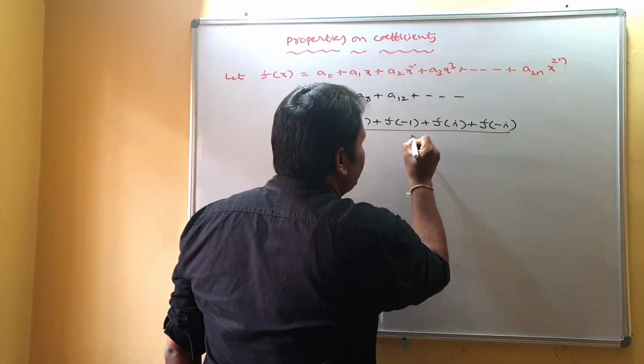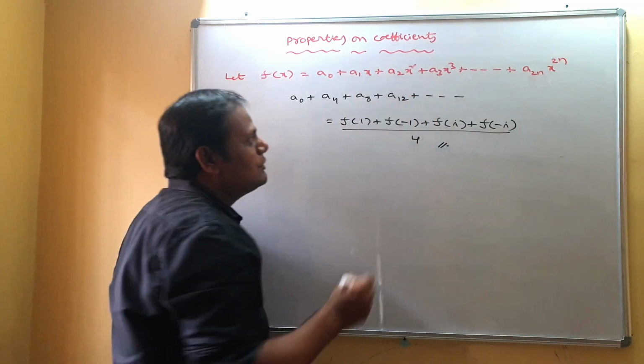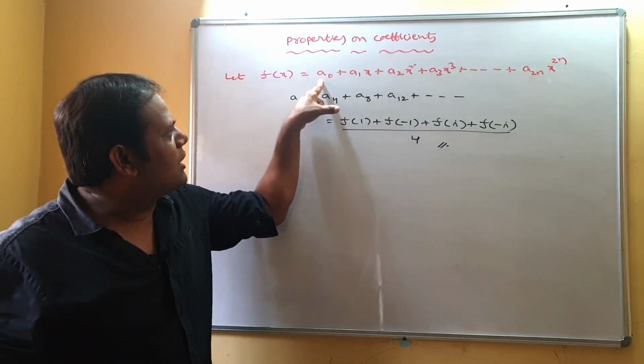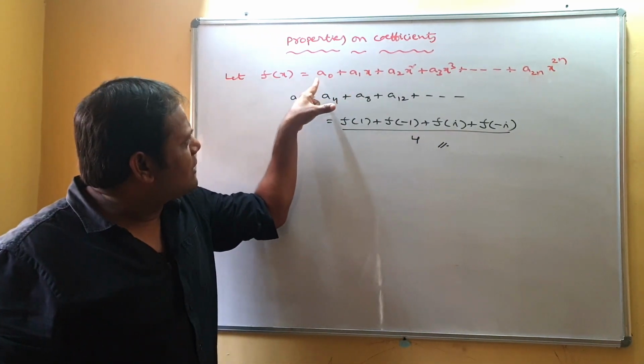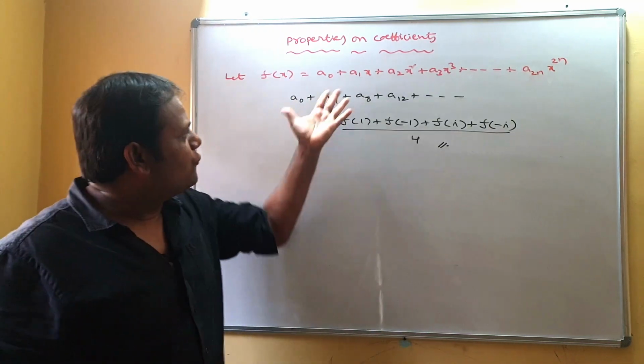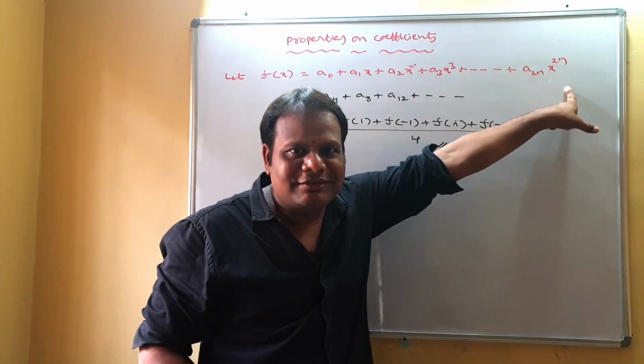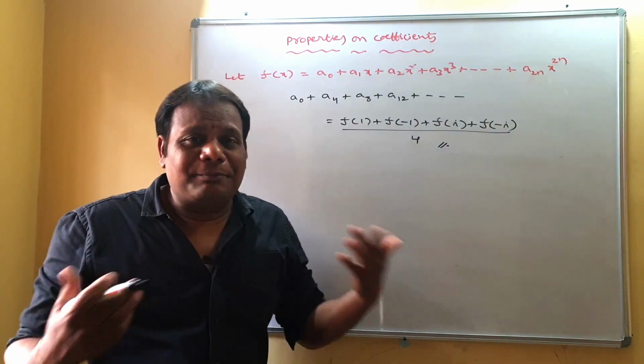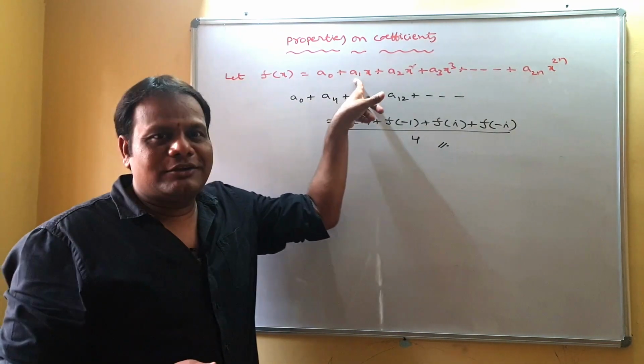We get by 4. Sometimes they can ask you, in the expansion, what is the constant? So to get constant a0, what we do? We put x equal to 0 in this. Then you are left with the constant term. Sometimes they can ask you what is a1.